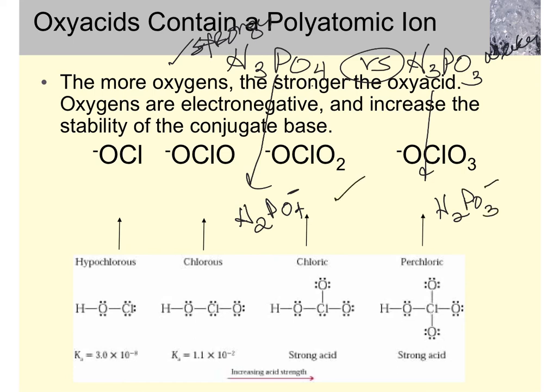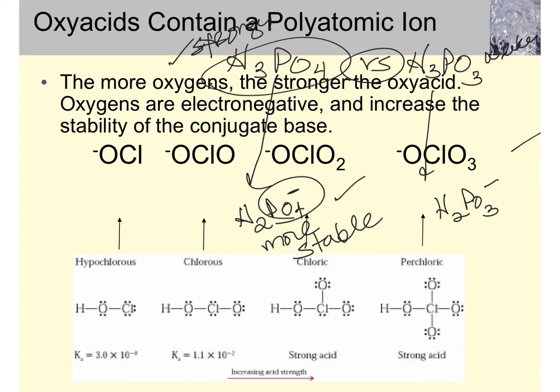Which one of these conjugate bases do you think is more stable? The one with more oxygens is more stable because oxygen is electronegative. So the more electronegative atoms you add to the conjugate base portion, the more stable the anion is going to be and the more acidic the original acid will be.